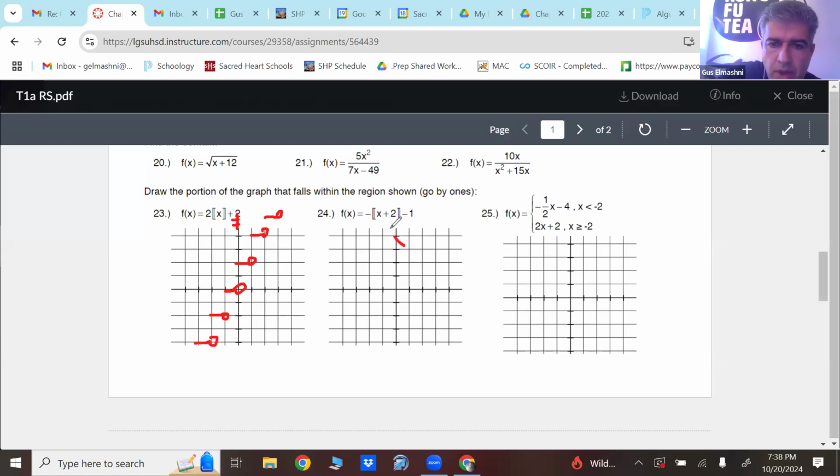Now here, you have to transform it by going 2 left, flip about the x-axis, and down 1.